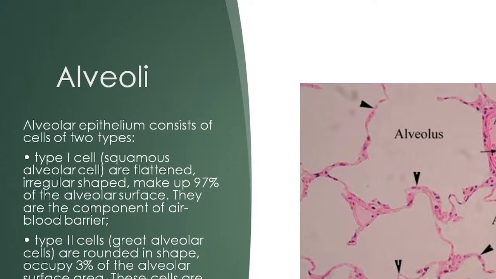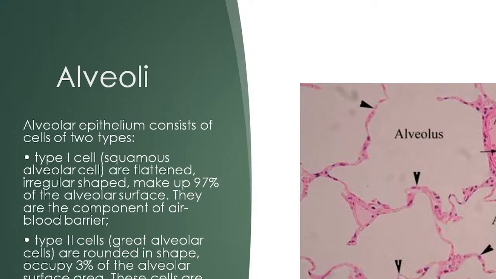They are secretory cells. They can produce a surface-active lipoprotein complex, phospholipoprotein, which is called surfactant. Surfactant is a very important substance. It reduces surface tension and prevents alveoli from collapsing during expiration. And here we can find brush cells.